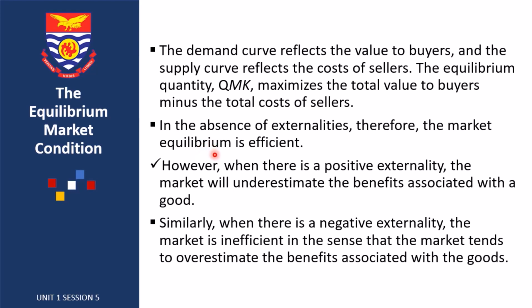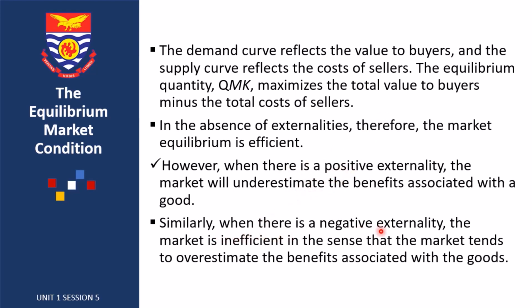So we are saying, in the absence of externalities, the market equilibrium is efficient. However, when there is a positive externality, the market will underestimate the benefit associated with the good. As I explained earlier, when there is a positive externality, we've already assumed that the benefit we derive is equal to the cost that we paid for that particular commodity. So any extra benefit we derive, we do not account for it, therefore underestimating the benefit that we derive.